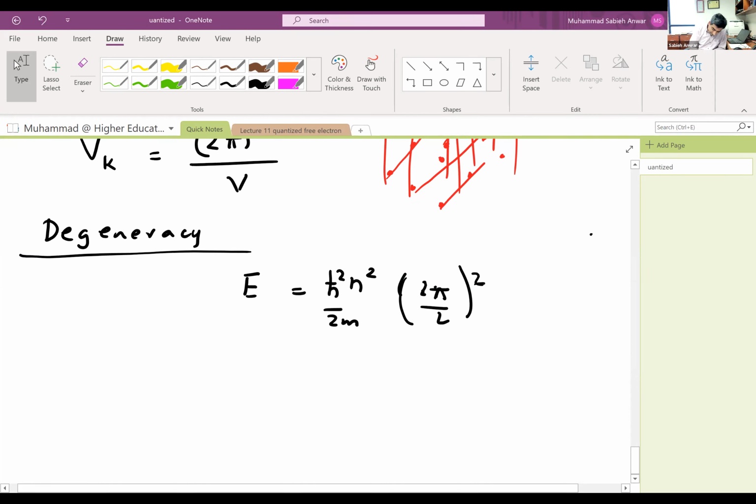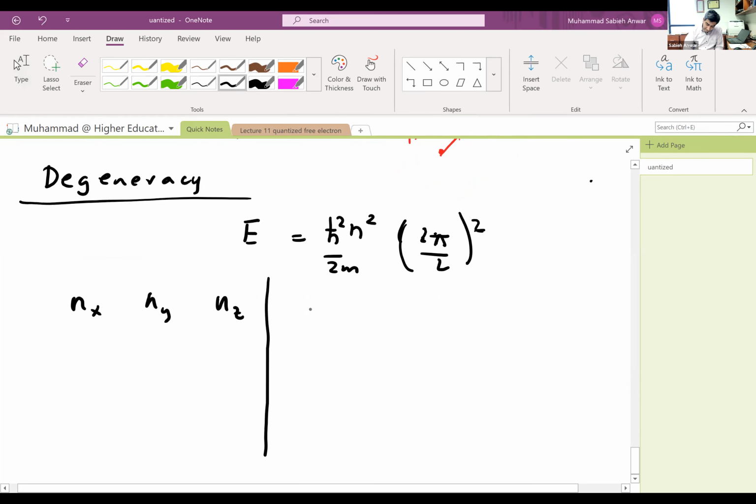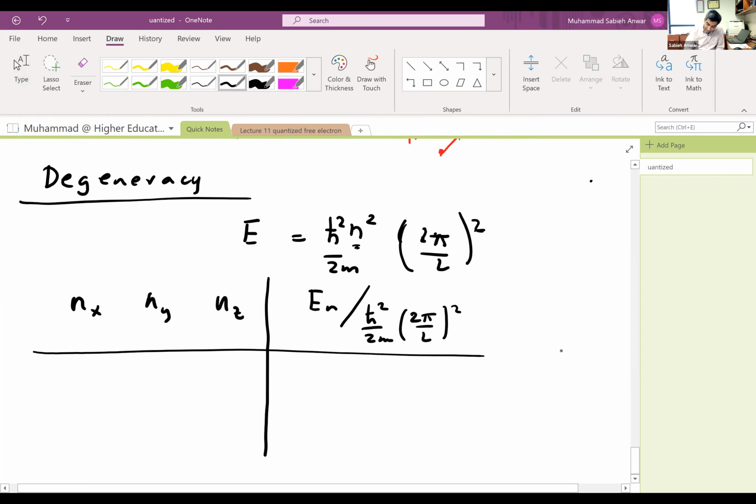So if I make a table for nx, ny, nz, and here I mention En, and I just consider h bar square over 2m (2π over L) square as a unit, which means I just consider the value of n square.